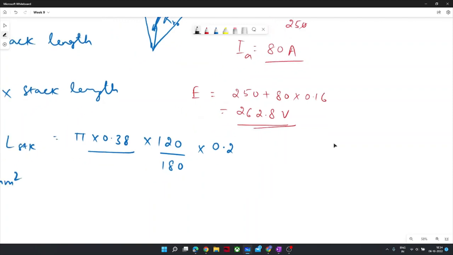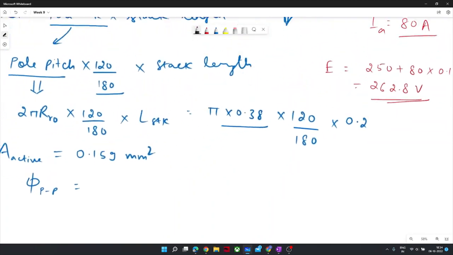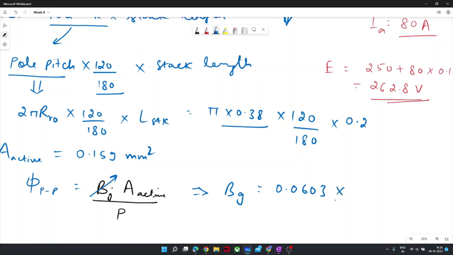And at the end, we will find this by putting B into A active by number of pole. So we were asked this value Bg we need to calculate. So Bg equal to flux per pole we computed, 0.0603, into active area, 0.159 m square.